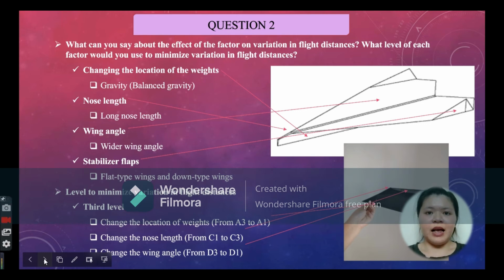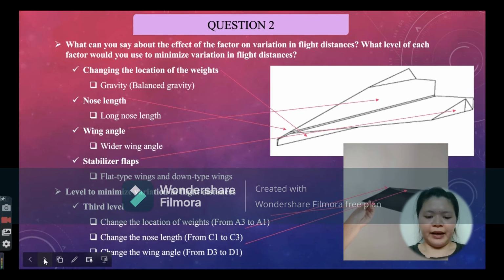Based on the experiments that have been done, our group has observed that the gravity of the different aircraft will affect the flight distance and floor time of an aircraft. When an airplane has a balanced gravity, it will fly a long distance and the floor time becomes long.